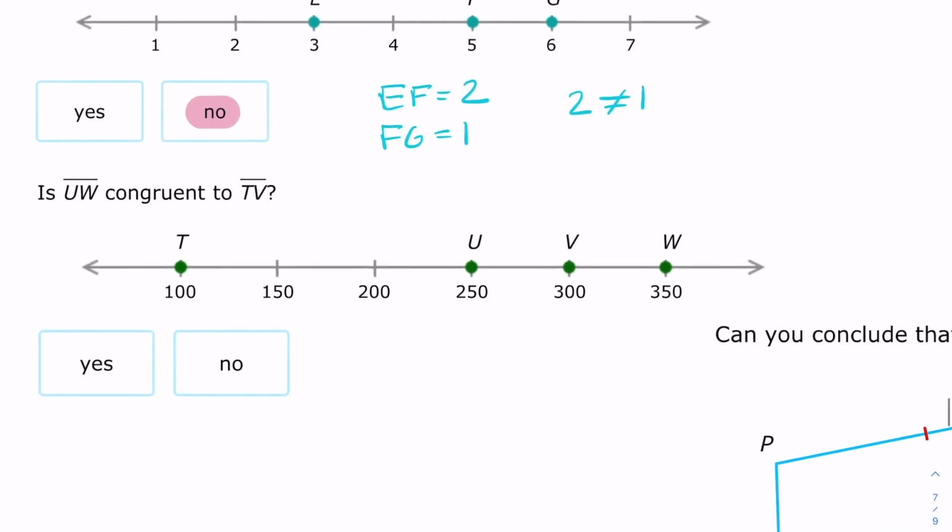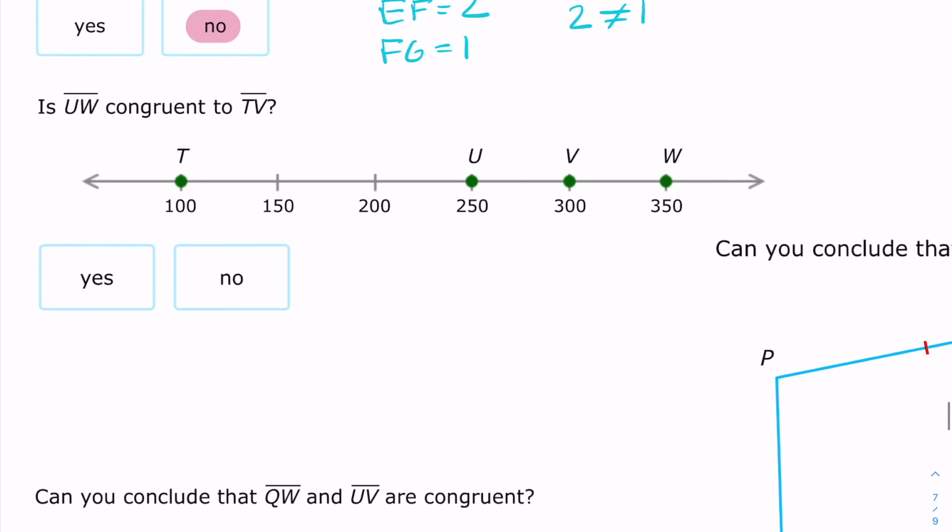All right. UW and TV. So UW is 1, 2. So UW is, oh, be careful. It's not 2. It's 50, 100. They are 100 apart. So from 250 to 350 is a distance of 100.